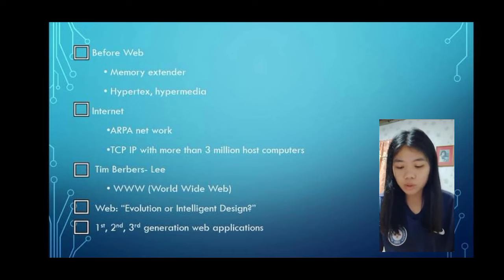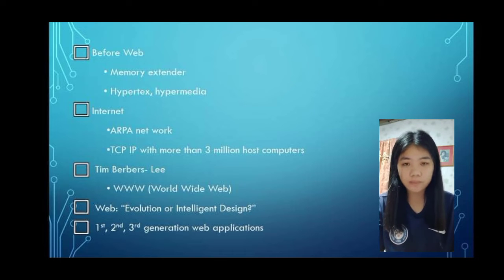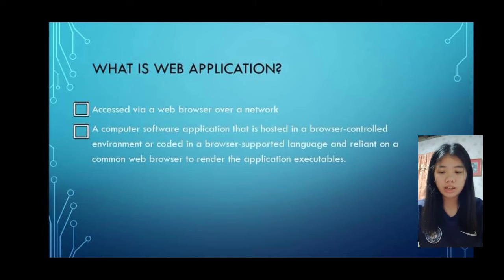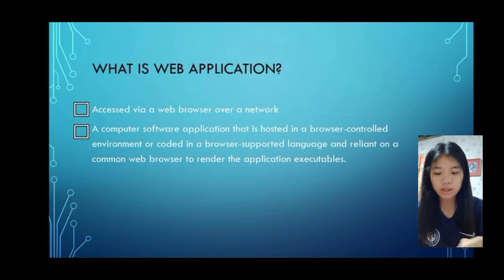So web evolution or intelligent design: first, second, third generation application. So what is web application? It is accessed via web browser over a network. It is a computer software application that is hosted in a browser-controlled environment or coded in a browser-supported language and reliant on a common web browser to render the application executable.